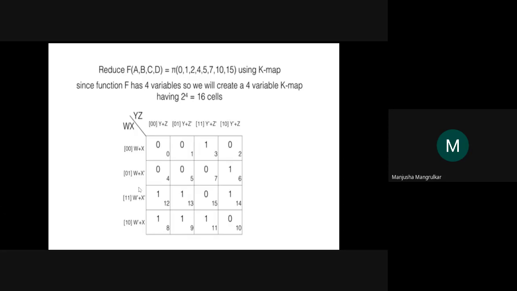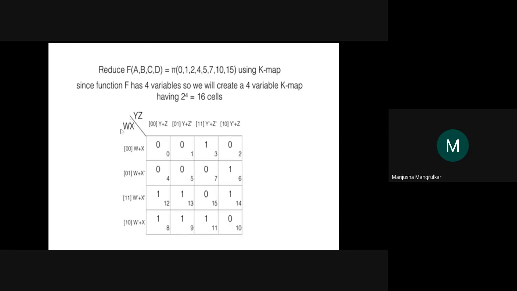So now first you draw the 16 cells and give the labeling of your variables. Here it is a b c d, so you have to place here a b c d, or w x y z. Whatever is given, we can do it here only.